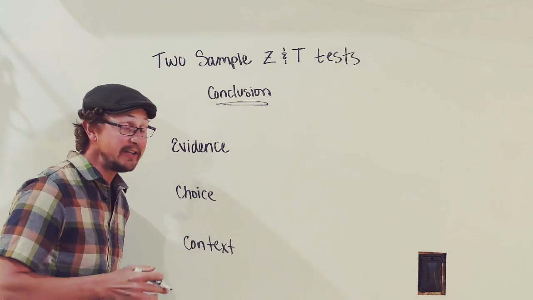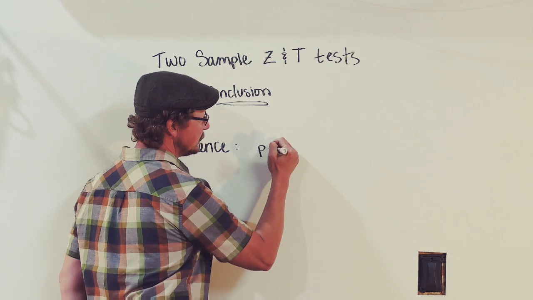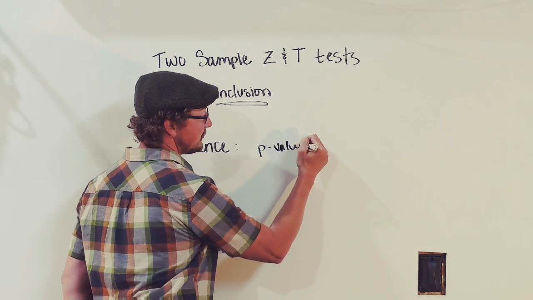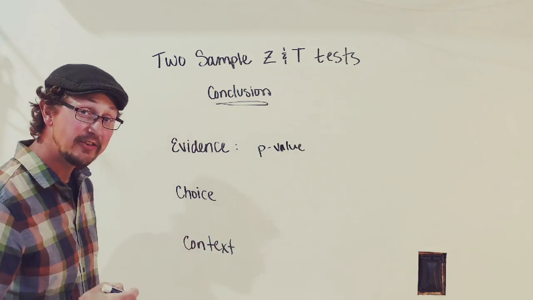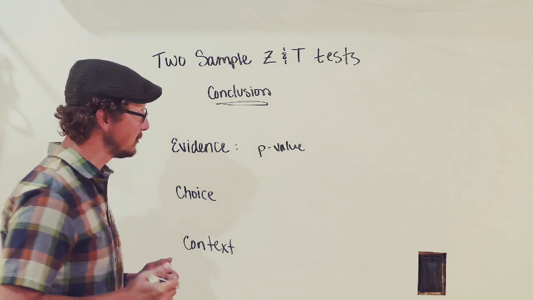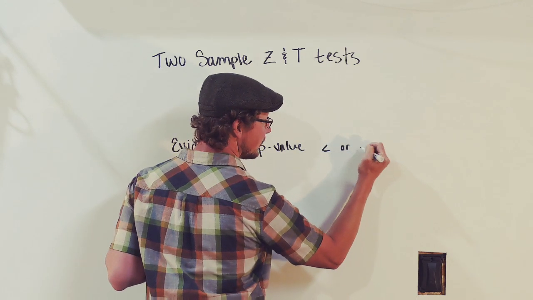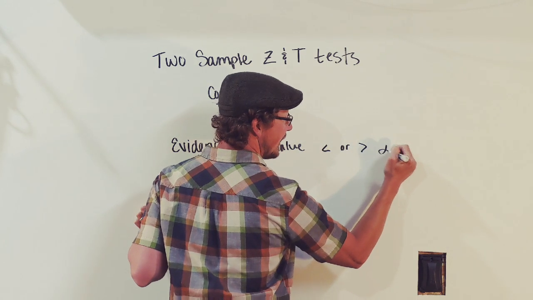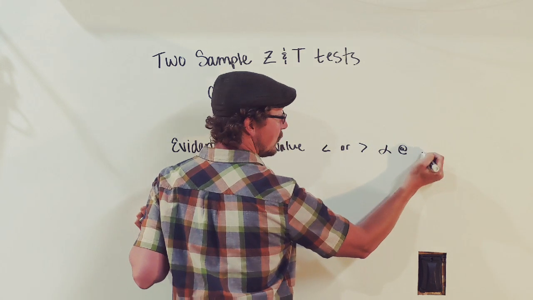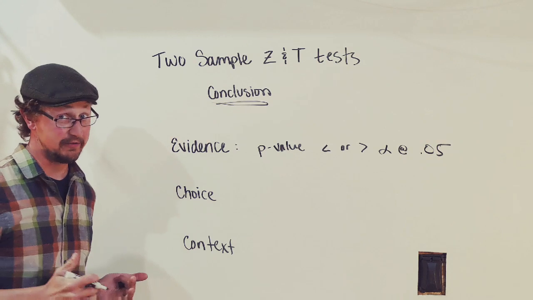So let me just remind you that evidence is saying if my p-value, that is to say the probability of seeing the difference that's occurring in this particular problem, is less than or greater than our alpha at whatever value we use. But 0.05 is of course our default.